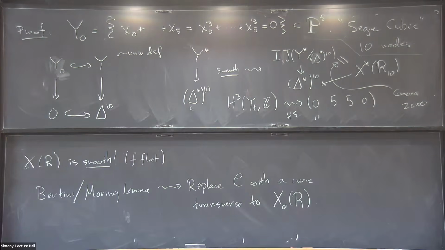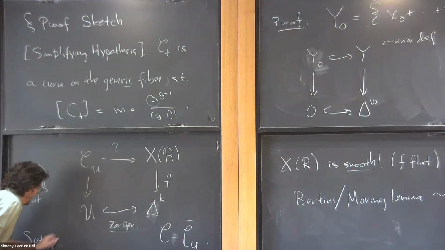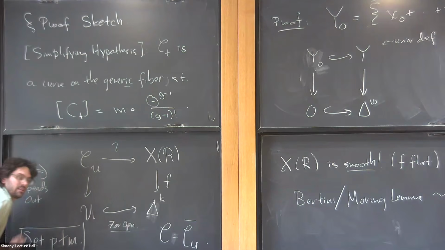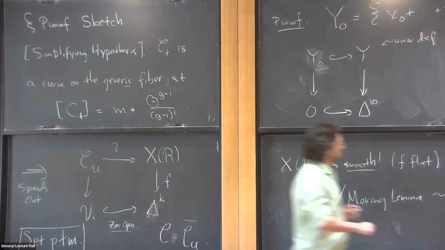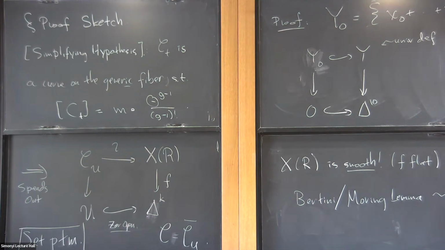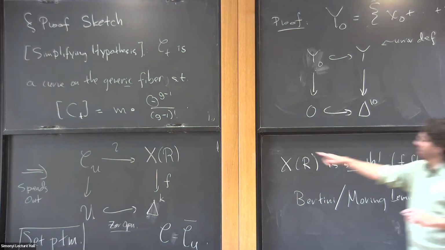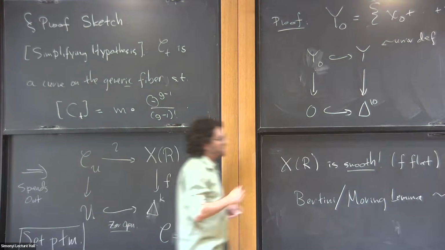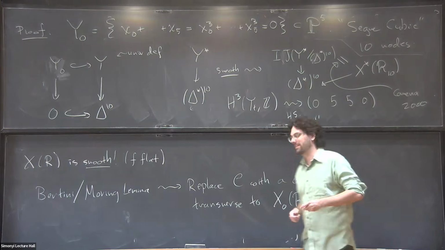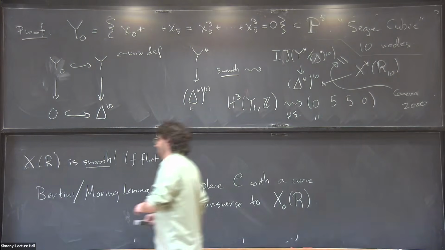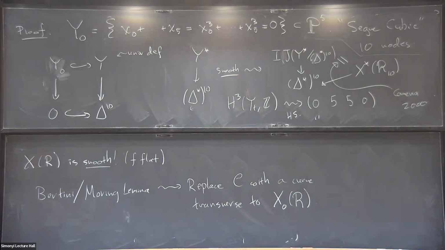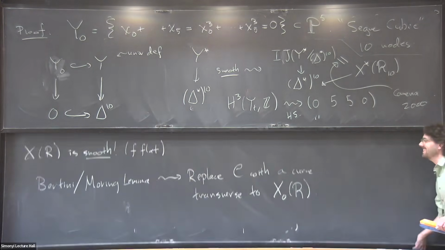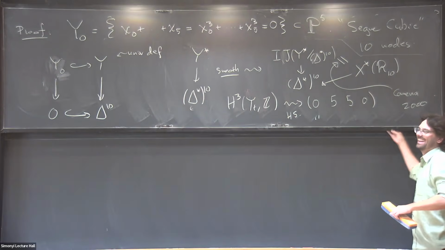So let's set a prime P that does not divide M. And then we'll replace C with a curve that represents the same congruence class mod P of M, or in particular represents a co-multiple. So we get to replace our curve C with one transverse to the central fiber.